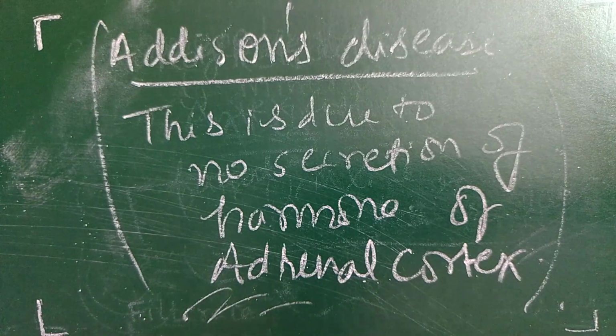In Addison's disease, blood glucose level becomes low, and there will be excessive loss of sodium and water, because there will be no mineralocorticoids to restore it. That results in dehydration, muscle weakness, etc.